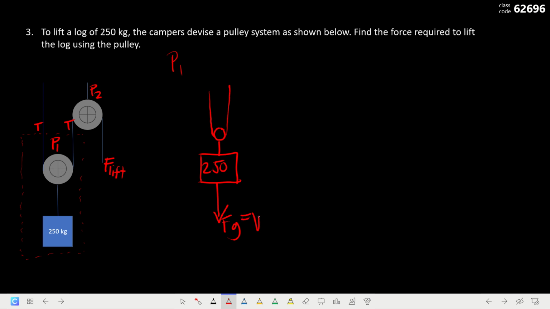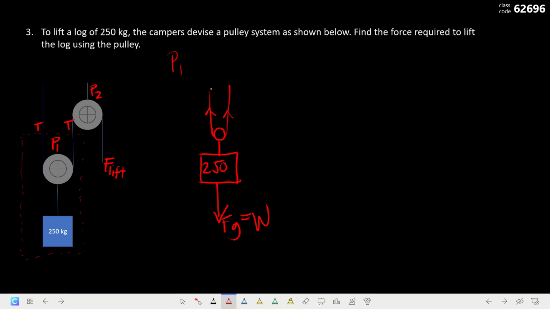Force due to gravity is equal to the weight. If the object is being lifted, these two strings prevent our weight, or our object, from accelerating downwards. So, this is supporting the weight of our object, so this must be directed upwards.